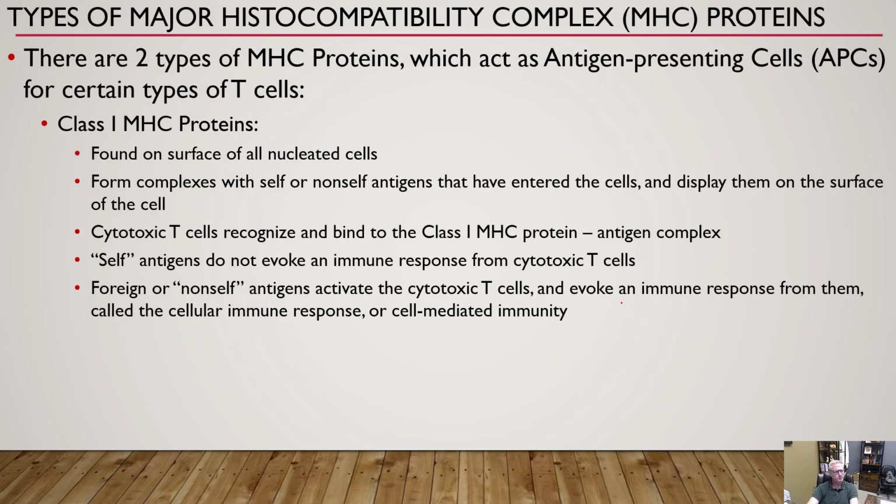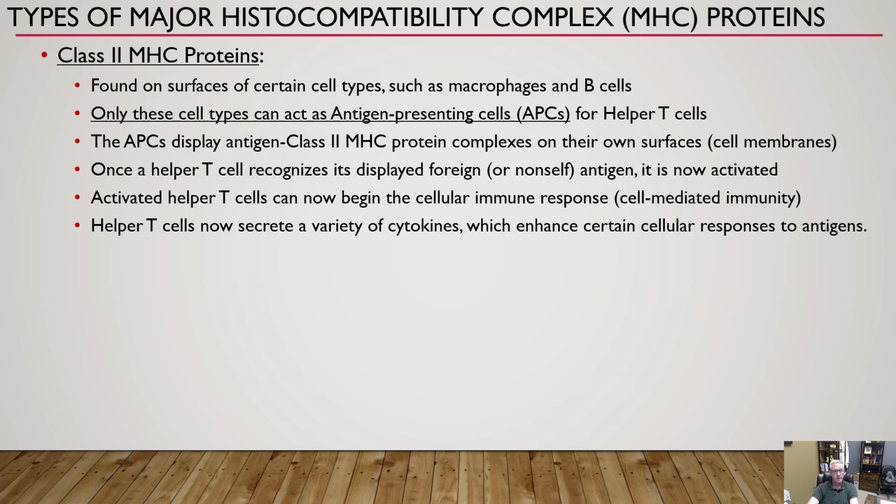Class 2 MHCs, they're found on macrophages and B cells. And only these cell types can act as antigen presenter cells for the helper T cells.